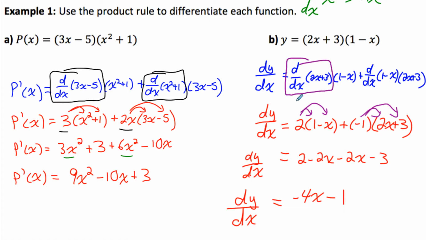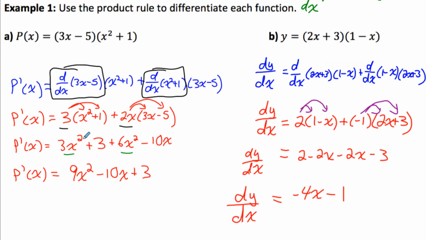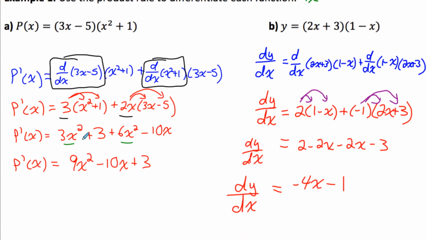The derivative of 2x plus 3 is 2, and the derivative of 1 minus x is negative 1. Now, for each of these examples, I used the product rule because we're in the product rule lesson, and the product rule for differentiation is going to be very valuable. But for these questions, like I said before, we didn't really have to do product rule. If you really wanted to, and the question didn't specify, we could have done either of these.